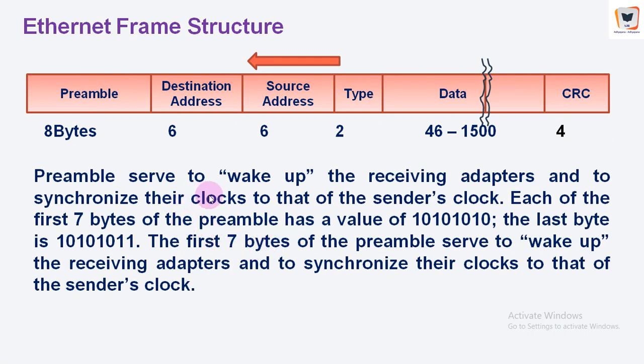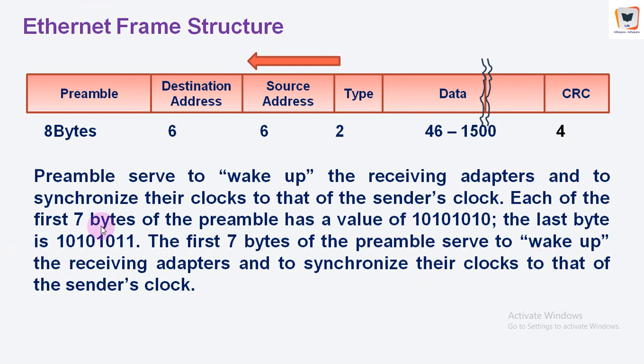The preamble bits serve as a wake-up call to receiving adapters and to synchronize their clocks. With the preamble bits, the sender's adapter and receiver's adapter will get synchronized. They will synchronize their clocks to that of the sender's clock. Each of the first 7 bytes of the 8-byte preamble has the value 10101010.